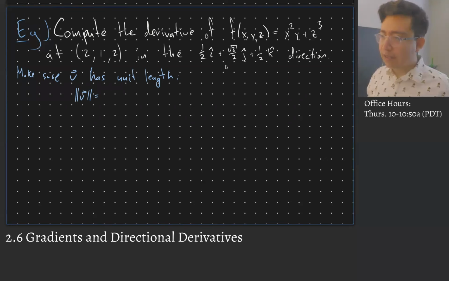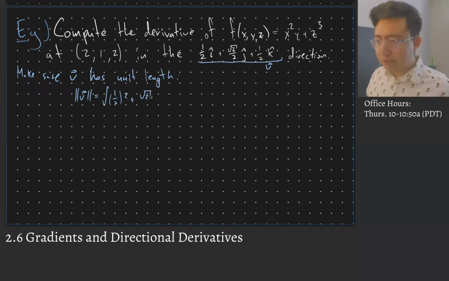In this case, this here is V. And so we get the square root of (1/2) squared plus (square root of 2 over 2) squared plus (1/2) squared. This is going to be equal to the square root of 1/4 plus 1/2 plus 1/4, which is equal to the square root of 1, so just 1.